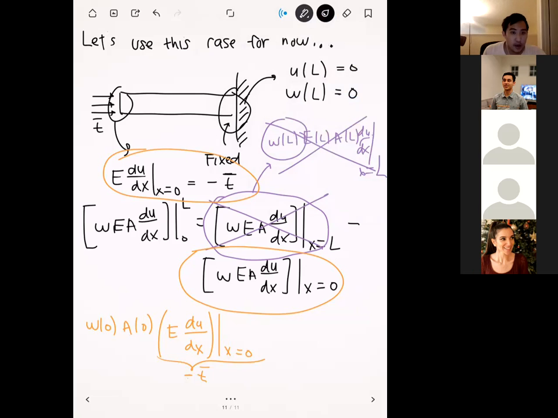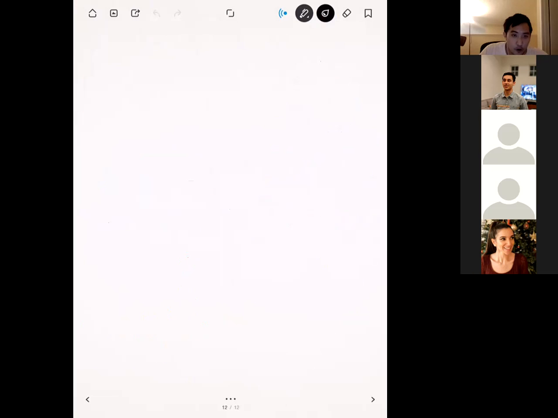Let's go ahead and write out our weak form. Our weak form is given by the following. First thing we have is our traction term, so we have W of 0 times A of 0 times T bar. That comes from what we just solved for before.